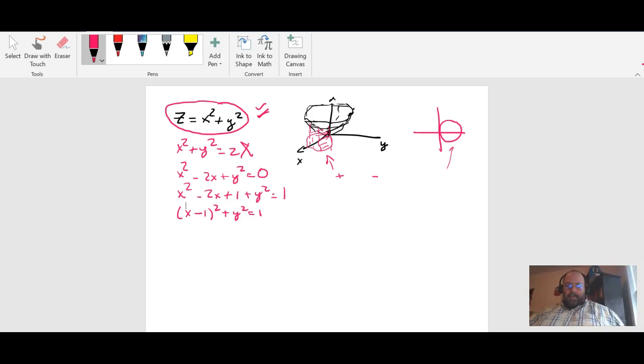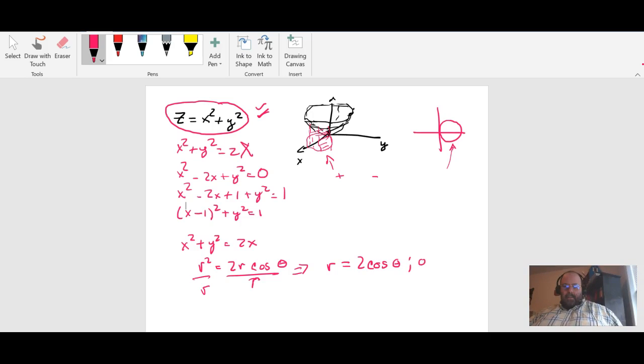The next thing we did is we looked at this and said, well, how can I write that as a polar? And we said, okay, if I have x squared plus y squared is 2x, then this is r squared, and this is 2r cosine theta. We divided out the r's, and we got that r is 2 cosine theta, and then we played around with the theta and saw that the domain had to go between 0 and pi to do one complete rotation on this circle.